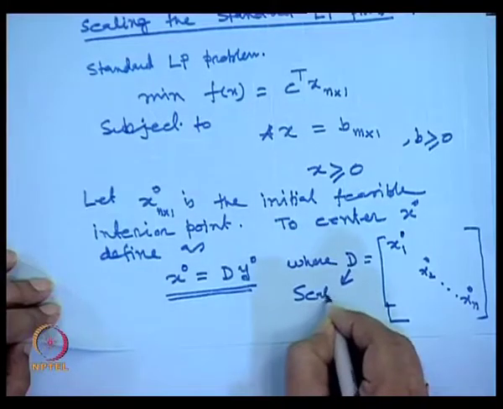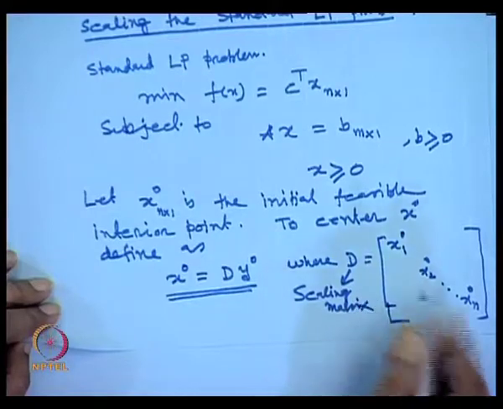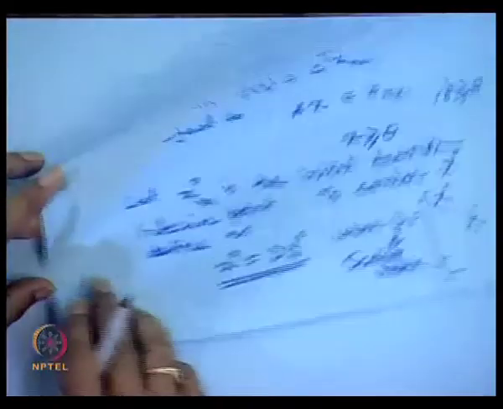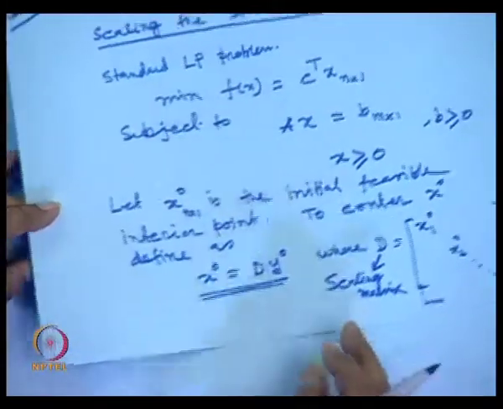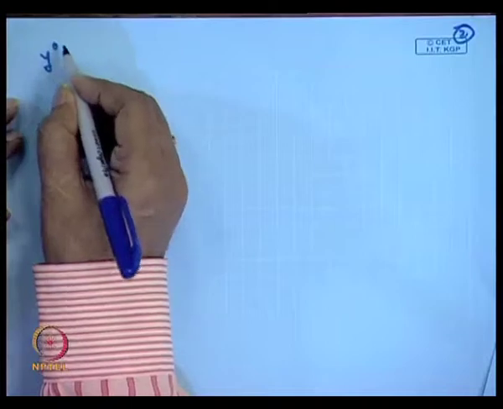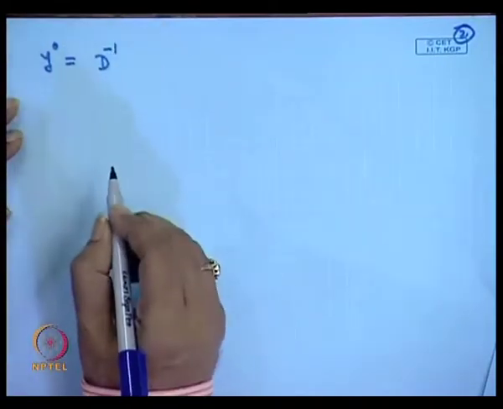This is called the scaling matrix or transformation matrix. Now, what is y 0? Y 0 is nothing but D inverse x 0.